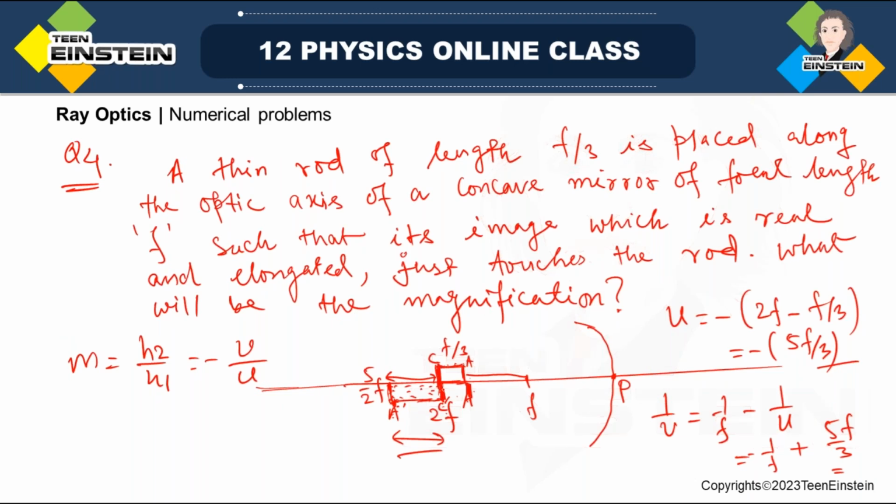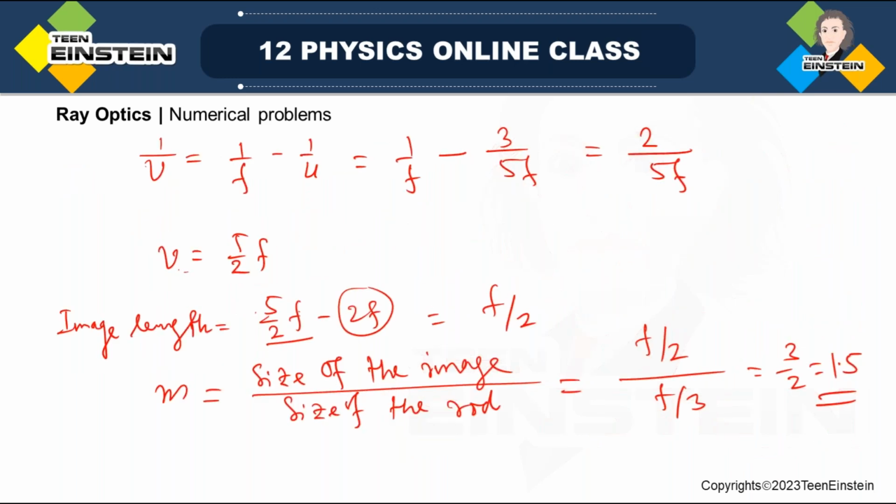So this side will form here itself. So this is one side, this is another side. Okay, that's why 5 by 2F minus 2F. So that would give you F by 2. So this will give you the image length. So what will be the magnification? Magnification will be the ratio of size of the image to the size of the rod, right? So this is how we have solved this question.